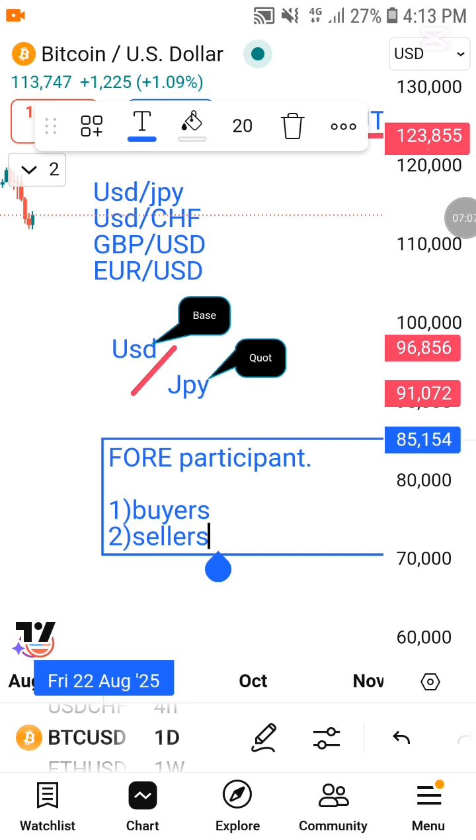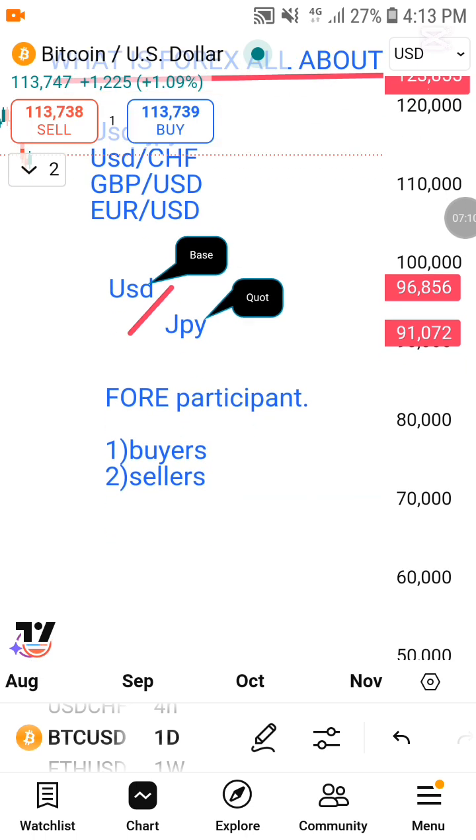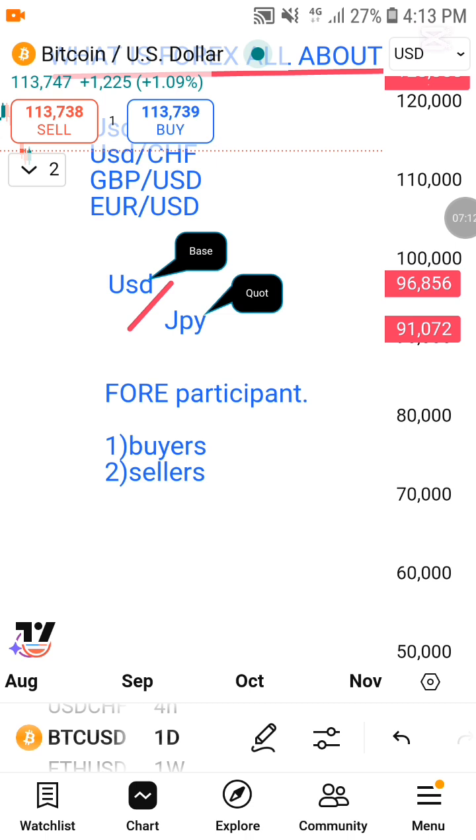Do you get that? We have buyers and then sellers. These buyers and sellers have symbols that we use to identify them. Now I'll take you to the chart to explain it to you. These symbols are called candles, candlestick.